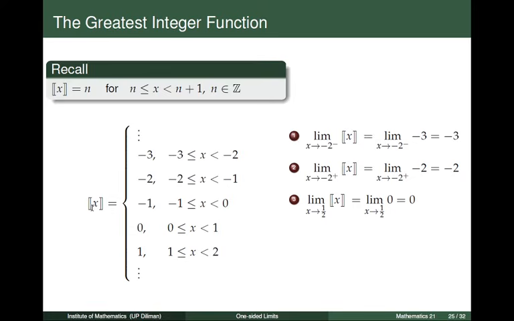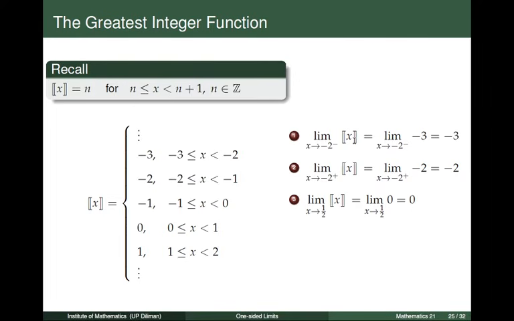And the greatest integer of x is equal to negative 1 if x is a value between negative 1 and 0, negative 1 included, 0 excluded, and so on. So, using this definition of the greatest integer of x, we can consider limits of the greatest integer of x.